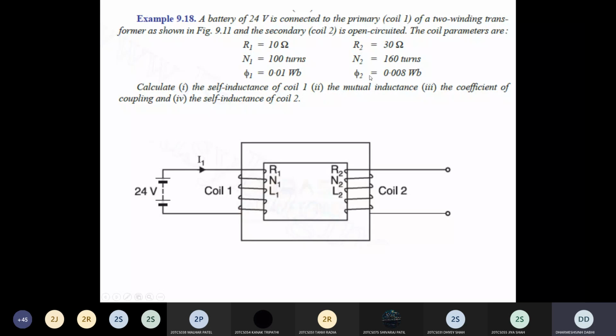This flux is nothing but some portion of the flux phi 1 produced in coil number 1, because there is no current flowing into coil number 2. So there is no way to produce flux by itself in coil number 2. So this phi 2 is the flux linked with coil 2 because of the current flowing into coil number 1. So we can say that this phi 2 is a fraction of phi 1, or you can say that phi 2 is nothing but phi 1 2.